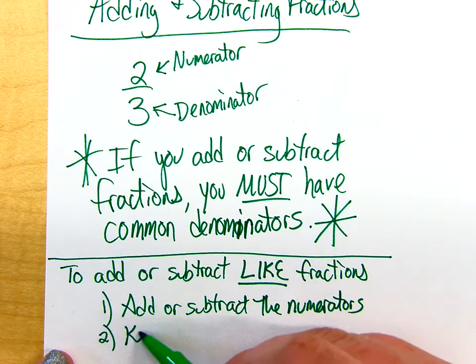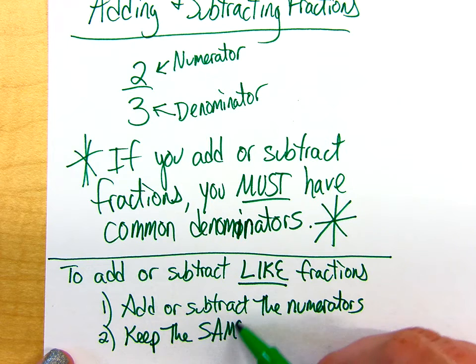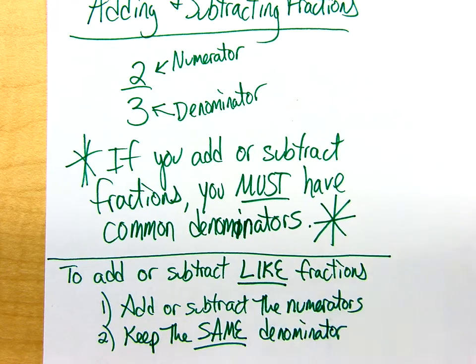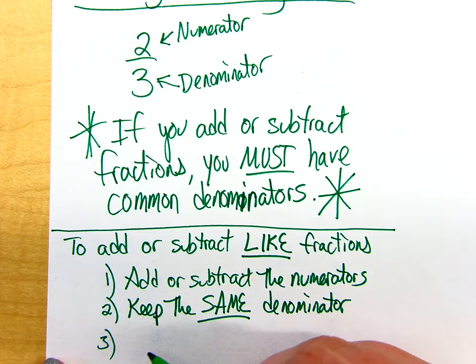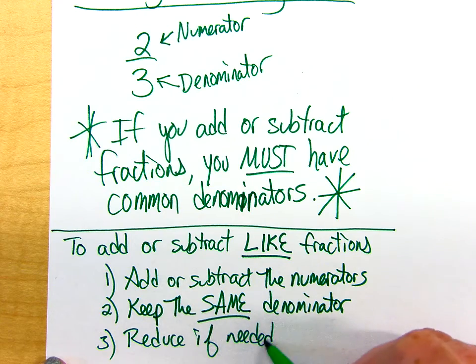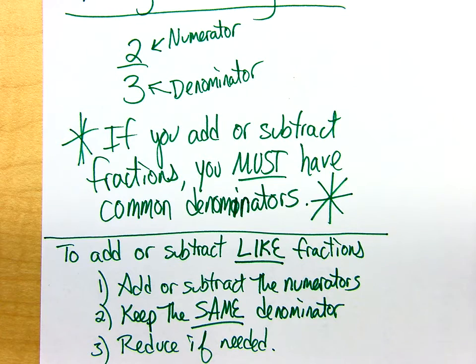You're going to keep the same denominator. And then you're just going to check to see if you need to reduce. I'm going to stop right there so everybody can catch up. Because that's it. Those are your steps if you already have common denominators.